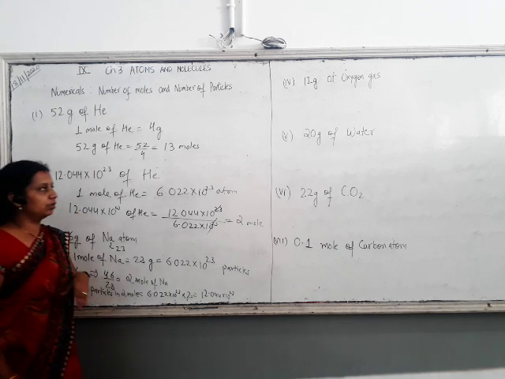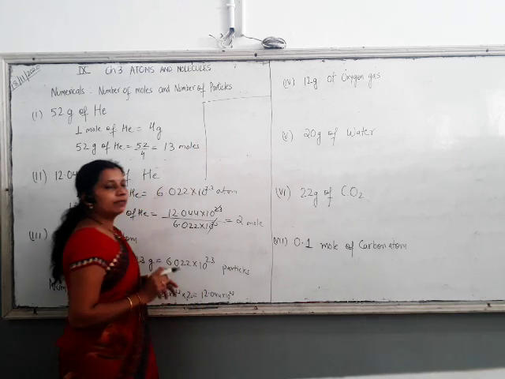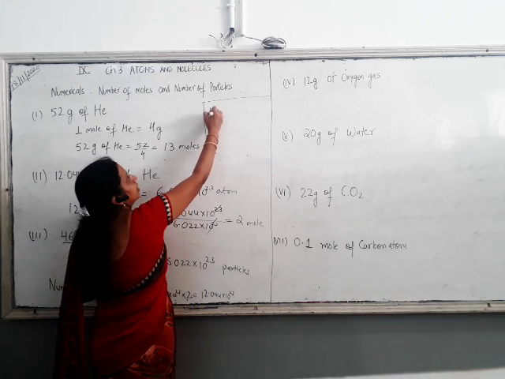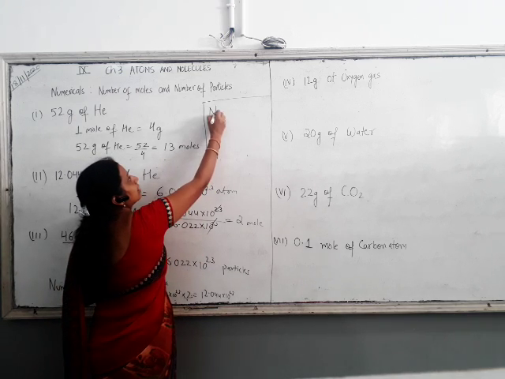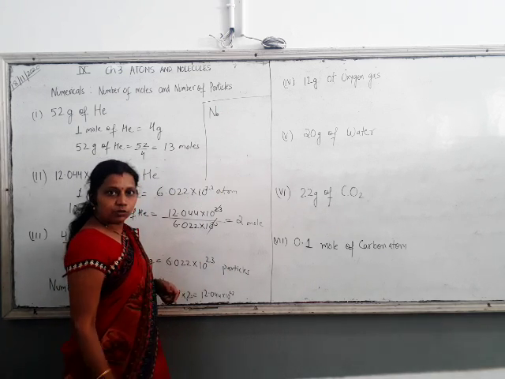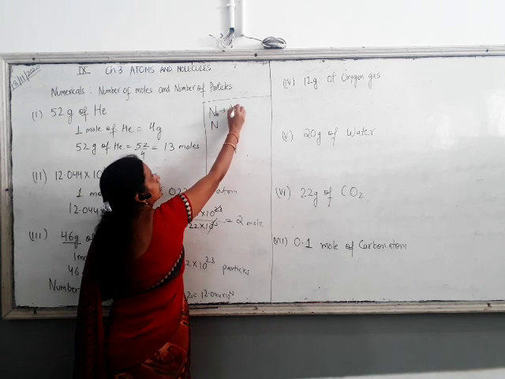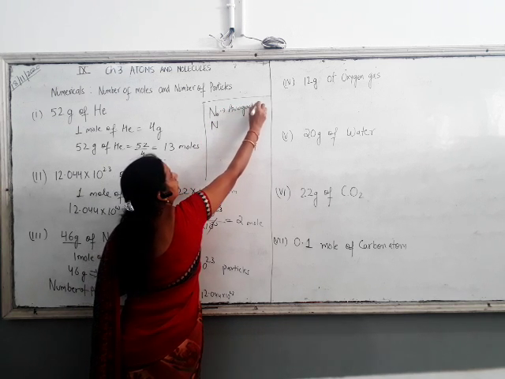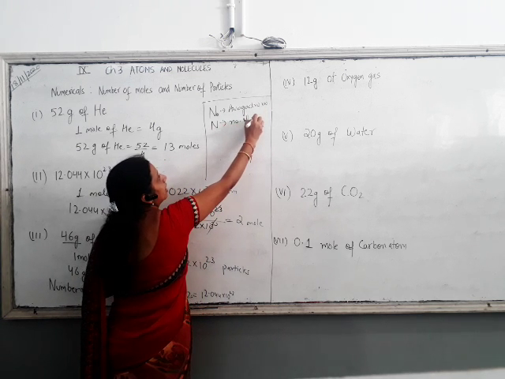Now, before going to the next question, some abbreviations. For the Avogadro number, this symbol is used, N naught. This is not 'no', this is a subscript 0. To find the number of particles, N is used. So this is your Avogadro number, and this is your number of particles.